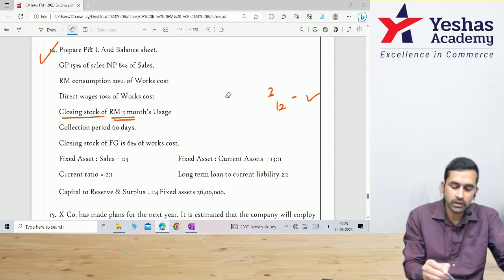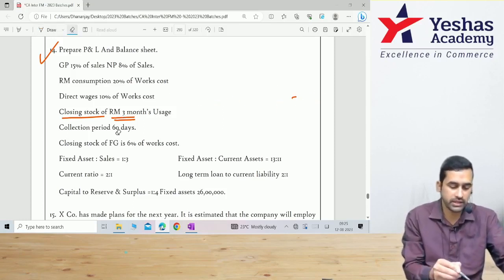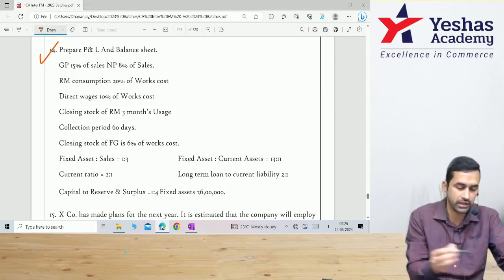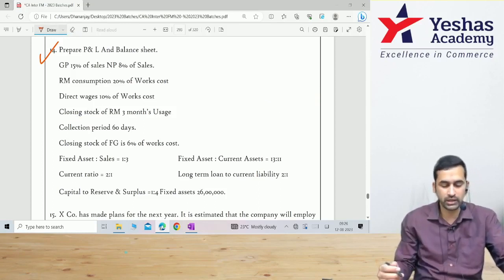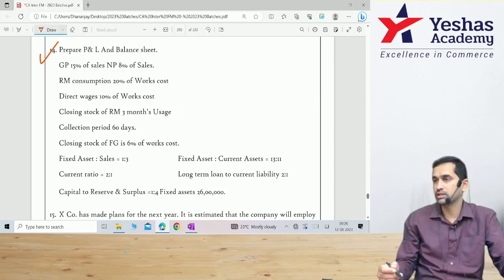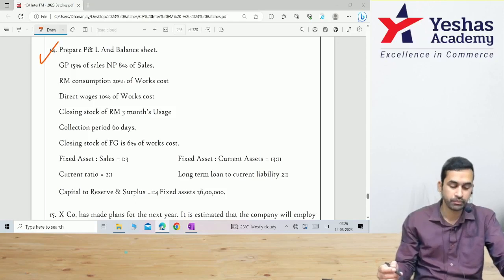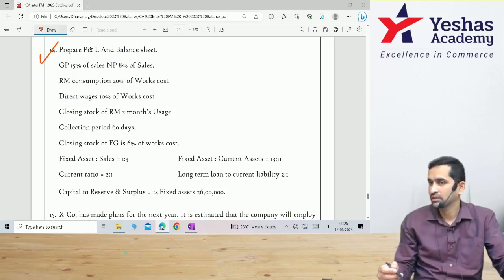Next, collection period 60 days. This will help me to do debtor calculation. Closing stock of FG is 6% of works cost. Fixed asset is to sales 1 is to 3. This can be understood as fixed asset by sales is 1 by 3. Correct?